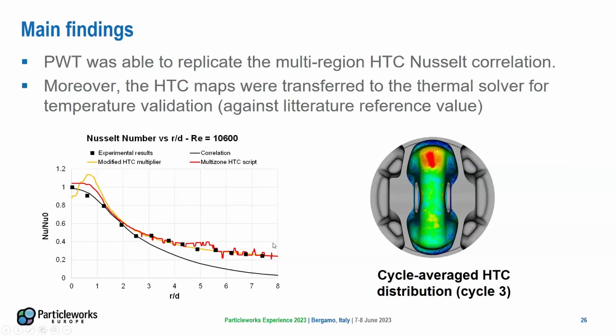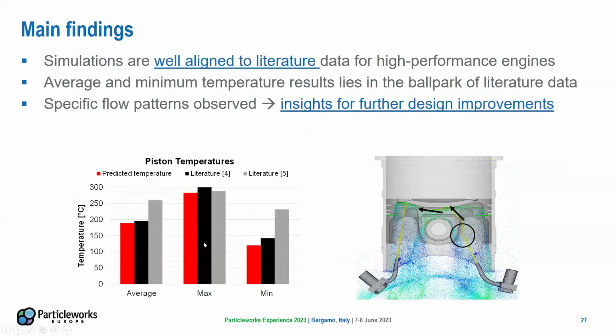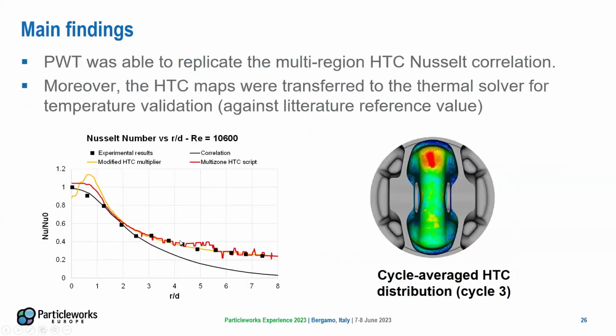I don't want to go too much in depth here, but basically what was done was to script and adjust precisely for this application the Nusselt correlation for heat transfer coefficient, integrating experimental results. Of course, in this kind of impinging jet flow, there are several regions depending on how far we are from the impinging jet region.